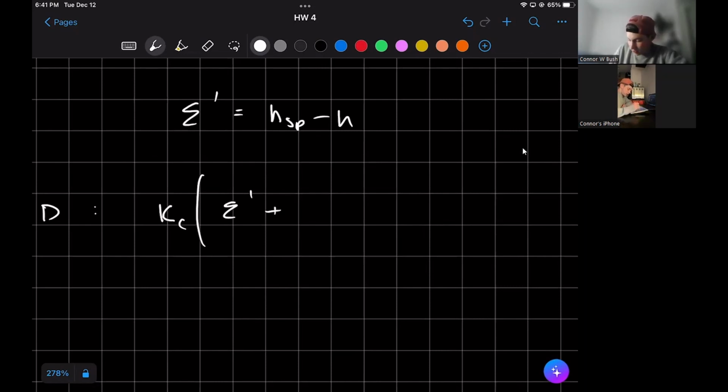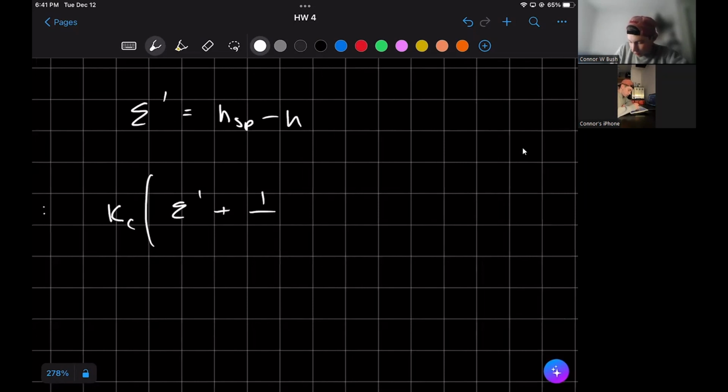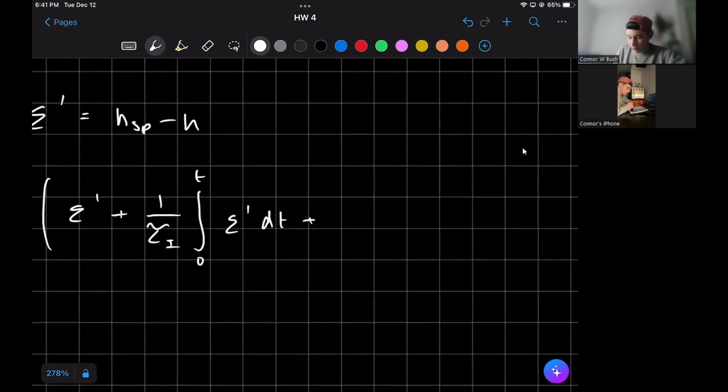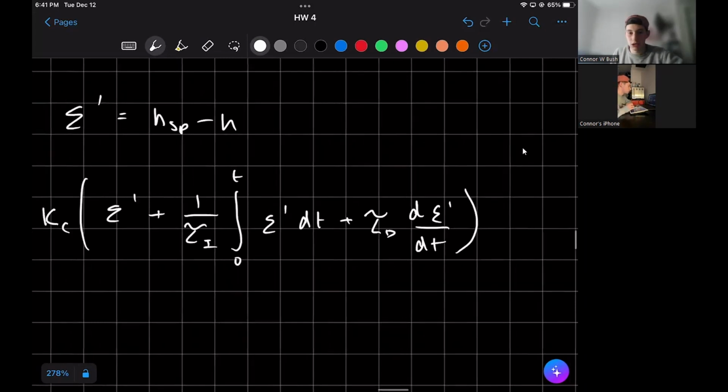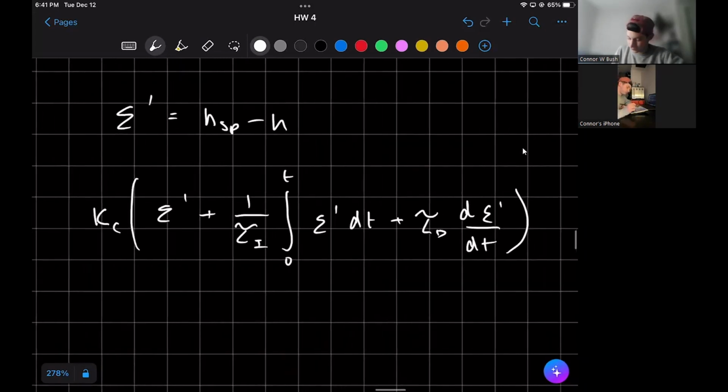So we're adding 1 over tau I, which is the time interval, and we're integrating starting from 0 to t of this error with respect to time. So this is the integral portion of the controller, and then we're adding tau d multiplied by dE/dt, and this is the rate of change of our error.